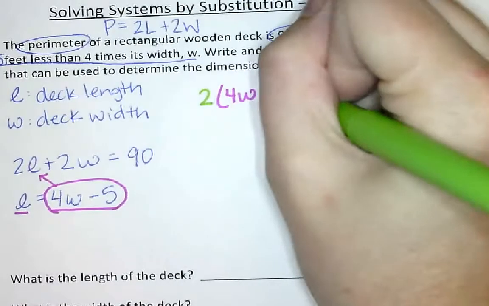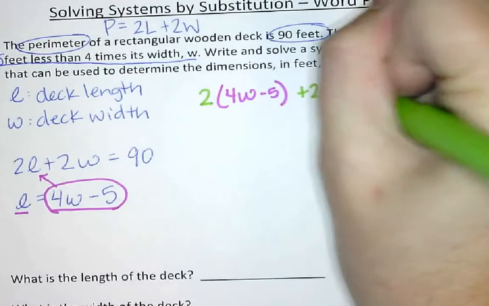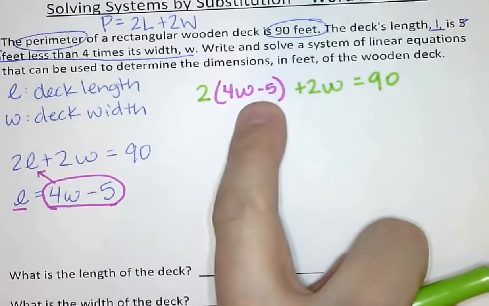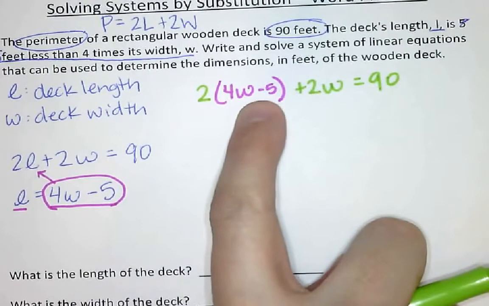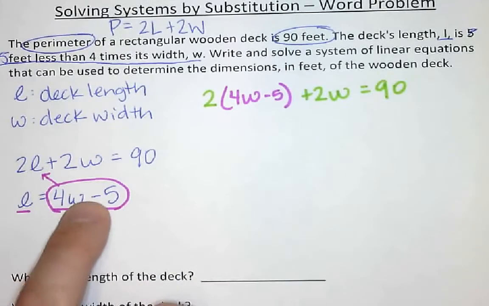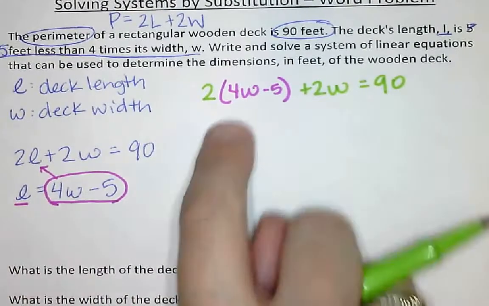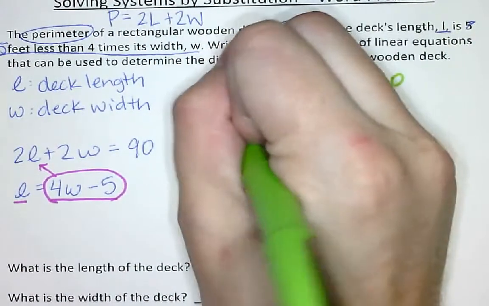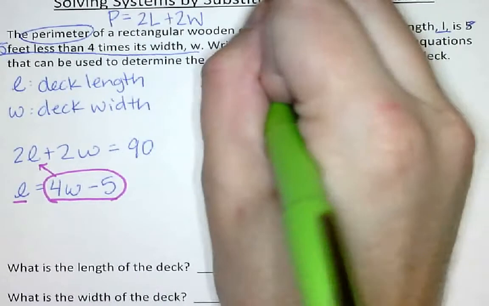So we replaced our L, our length, with 4W minus 5, because that's what our length is equal to. Now I can solve for W. So this becomes 8W minus 10 plus 2W equals 90.